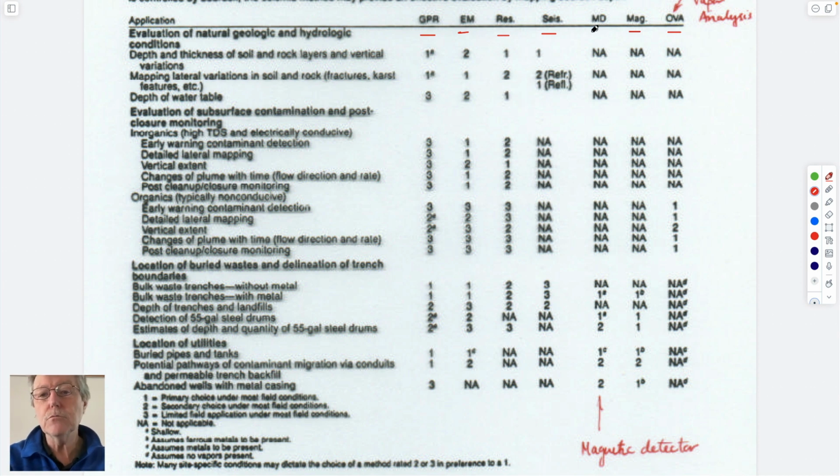And I guess MD is walking on the beach when you're retired looking for coins. The same thing. So these talk about the applicability of these for detecting all kinds of signals.